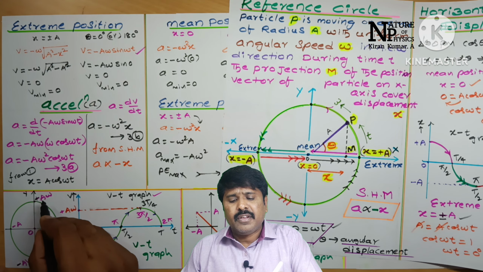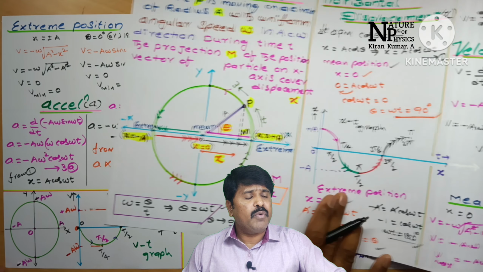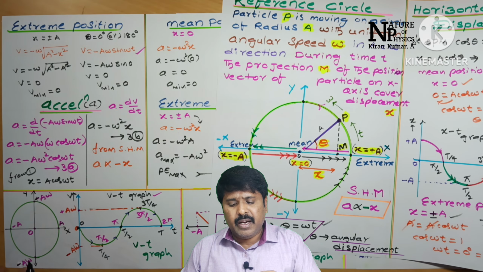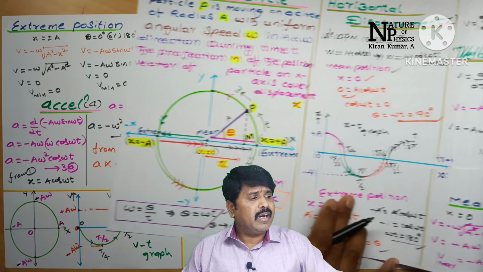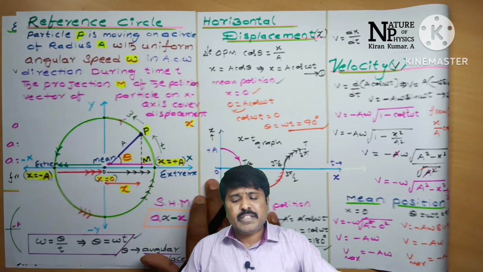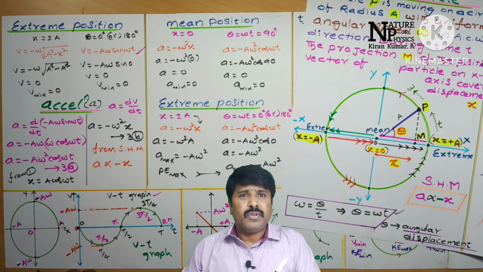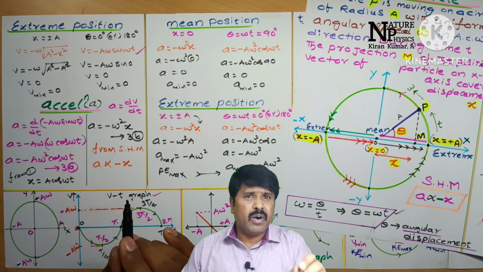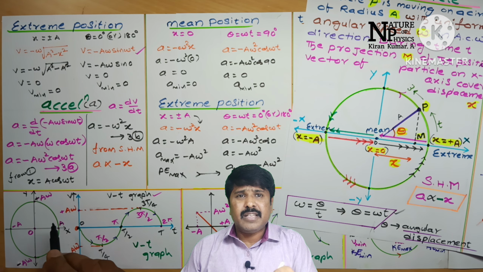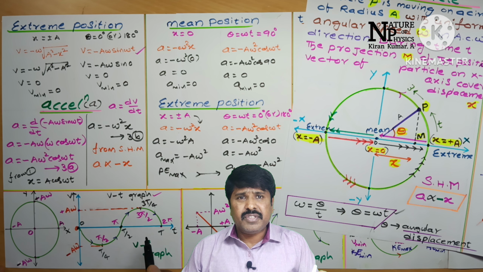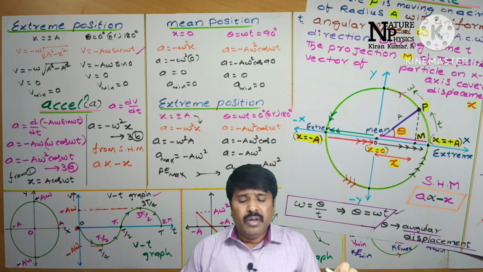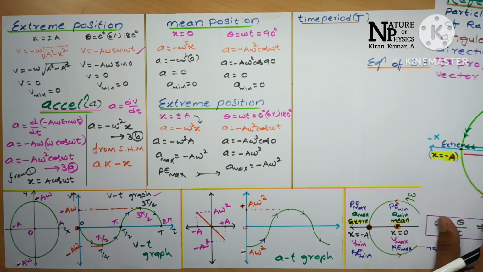Along the y-axis, velocity is maximum, plus A omega and minus A omega, and in this condition x is equal to 0. Whenever velocity is maximum, displacement is equal to 0. Along the x-axis there is displacement, that's why velocity is 0, and along the y-axis there is velocity but displacement is 0. Okay, and next one, acceleration.